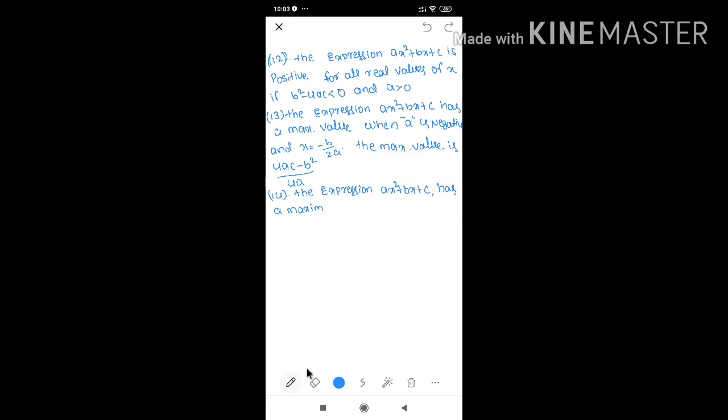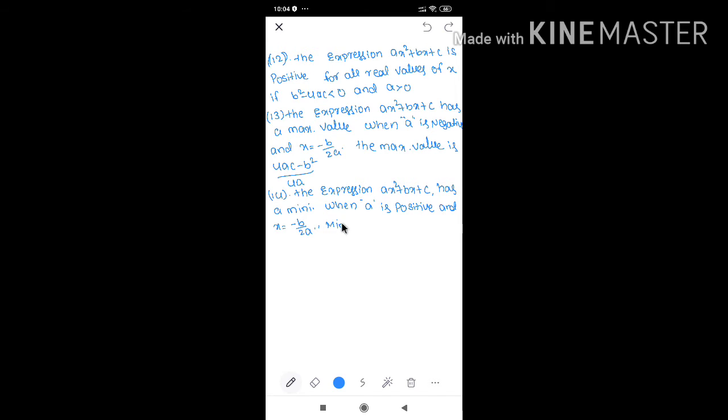Here already we have taken maximum, now we need to go for minimum, when a is positive and x is equal to minus b by 2a.